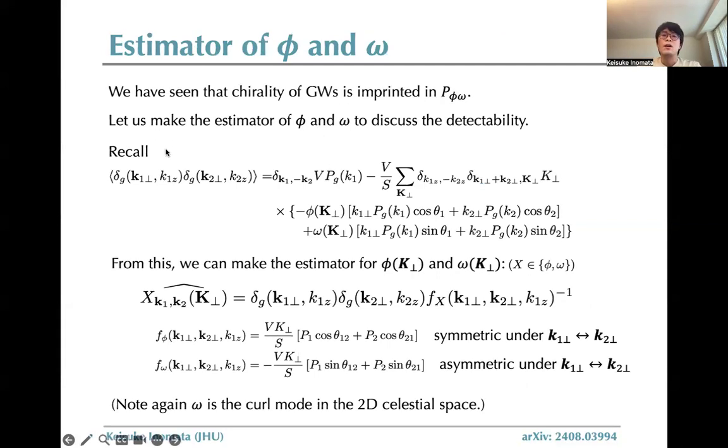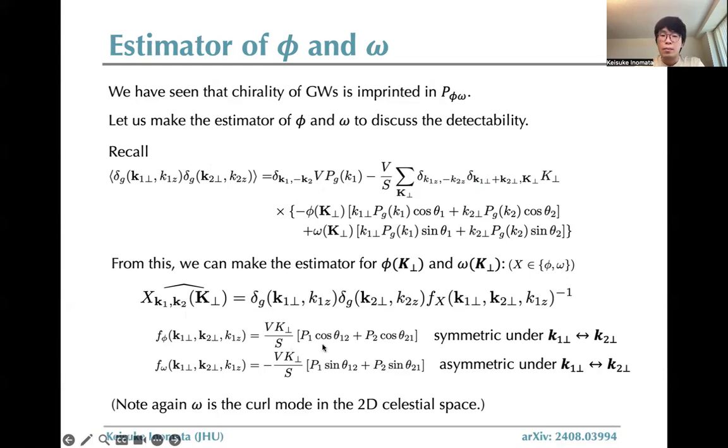Let me recall the 2-point correlation function in the existence of phi and omega. From this, we can make the estimator for phi and omega as this, and f comes from these quantities.